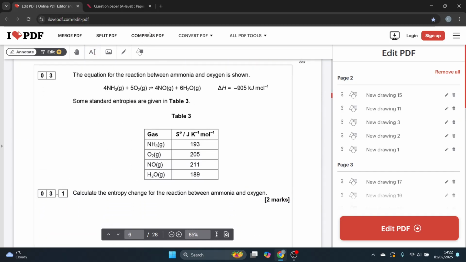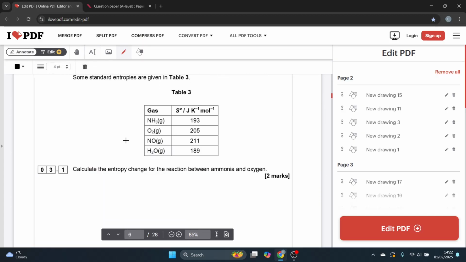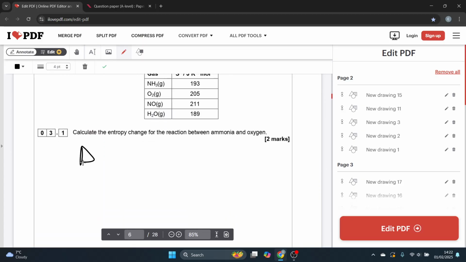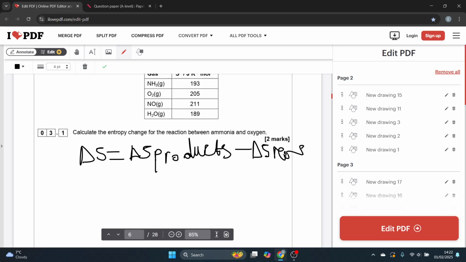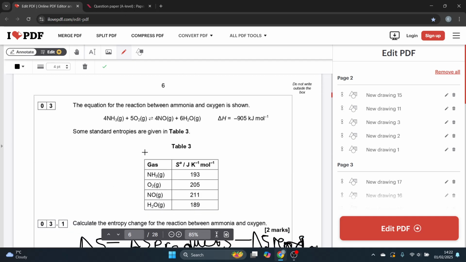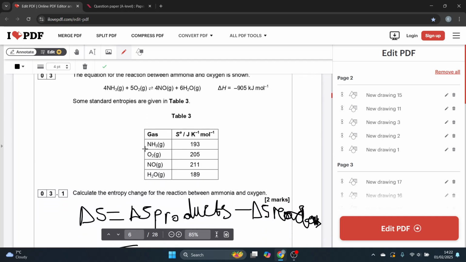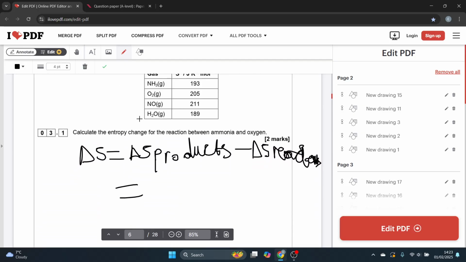Question 3, calculate the entropy change for this reaction between ammonia and oxygen. So entropy change is entropy of products minus entropy of reactants. So entropy of products, well, I've got 4 NO, so I'm just going to put it in the calculator.